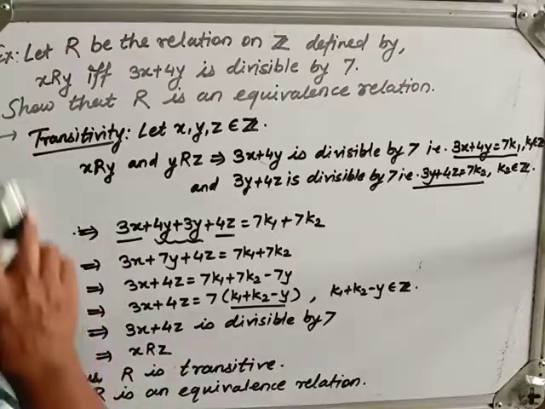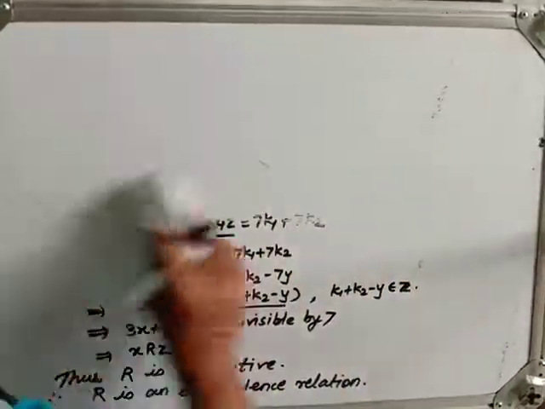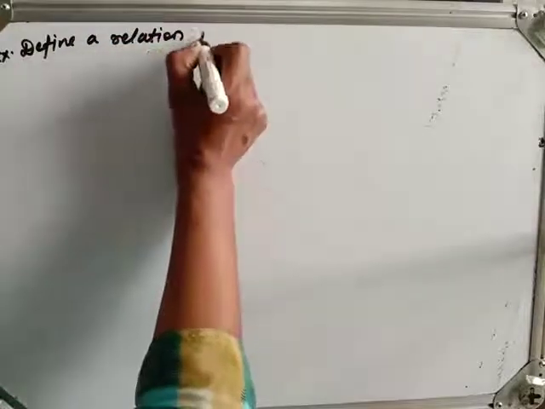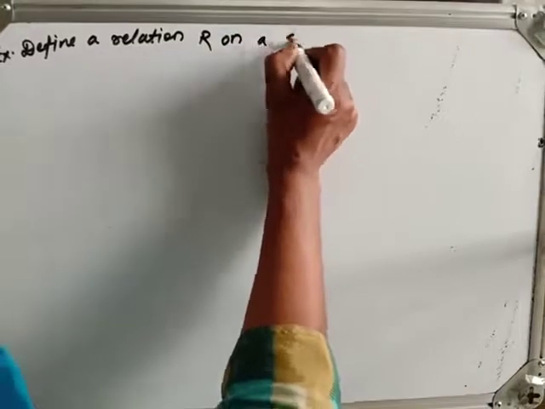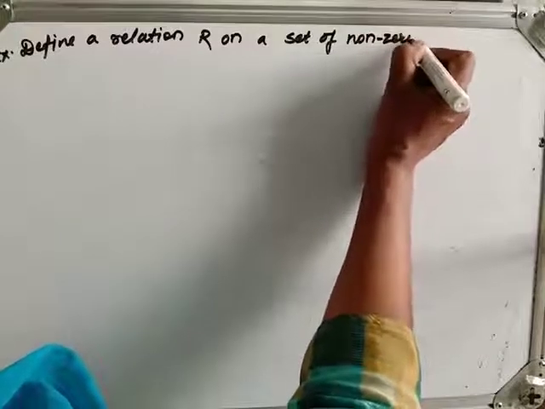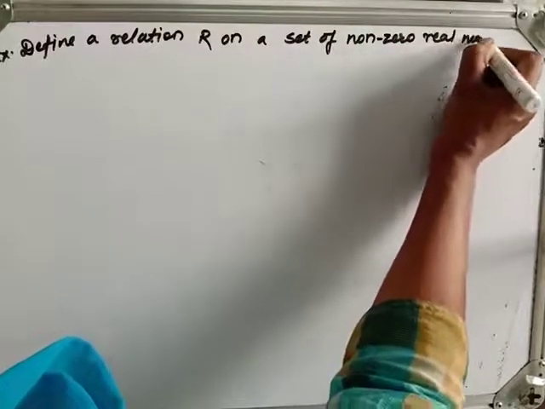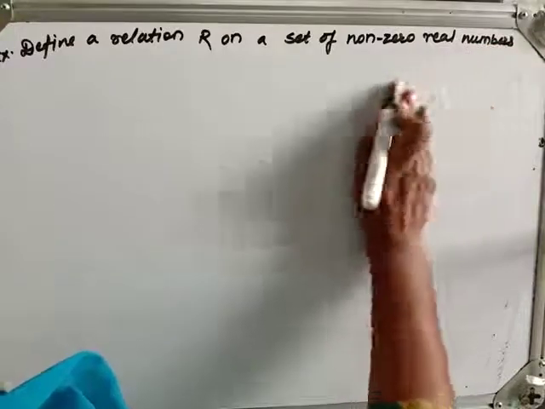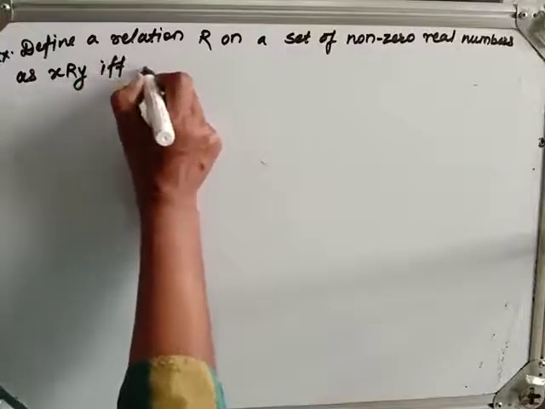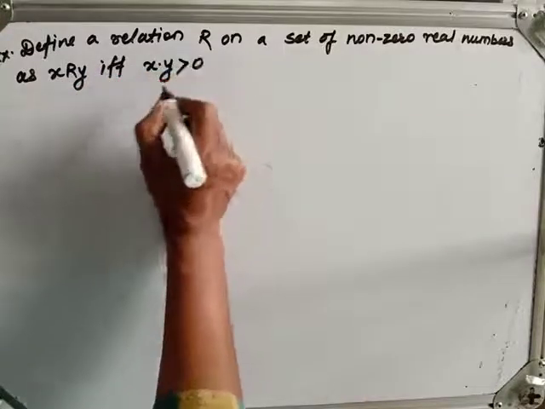Now let us see one more example on this. Example: define a relation R on the set of non-zero real numbers as x related to y if and only if x times y is positive.